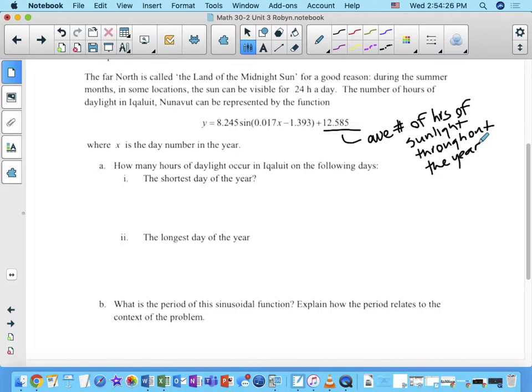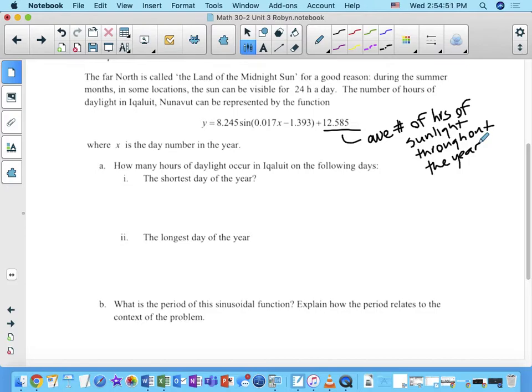On the graph, it tells us how much does it go up from the midline and how much does it go down from the midline. What does it tell us in the context? How many hours of daylight does it go up from the average? And how many hours of daylight does it go down from the average?